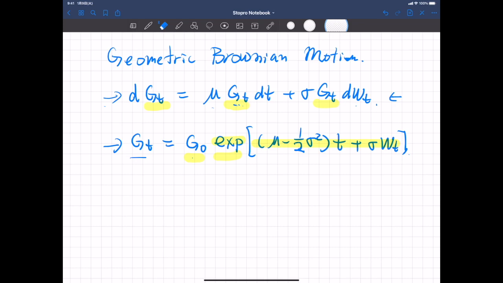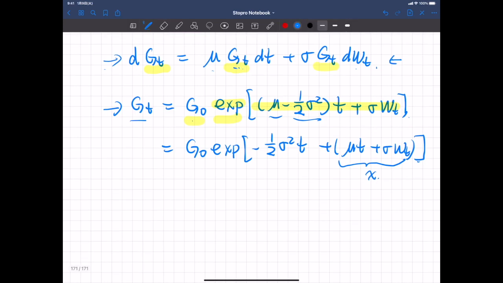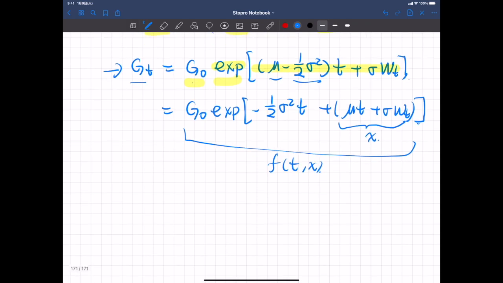First, let us arrange this solution a little bit so that it looks like the original formulation. G0 exponential of this part, minus 1/2 sigma squared t, and plus mu t, this part, plus sigma Wt. This part corresponds to the x in the previous formulation. Let's consider all of these as this function f of x.